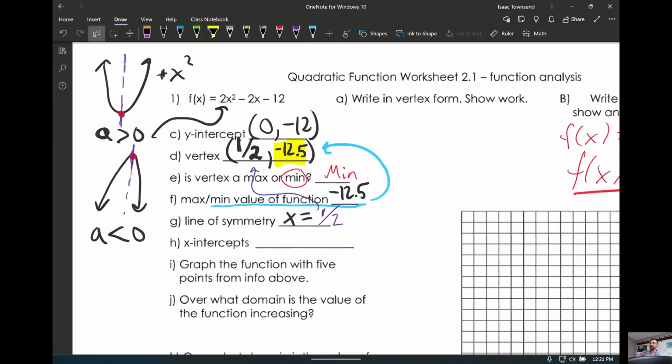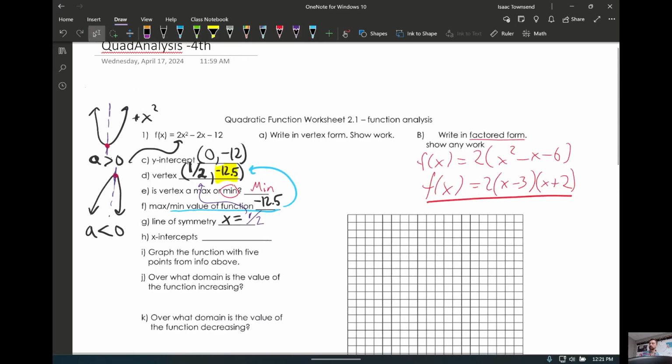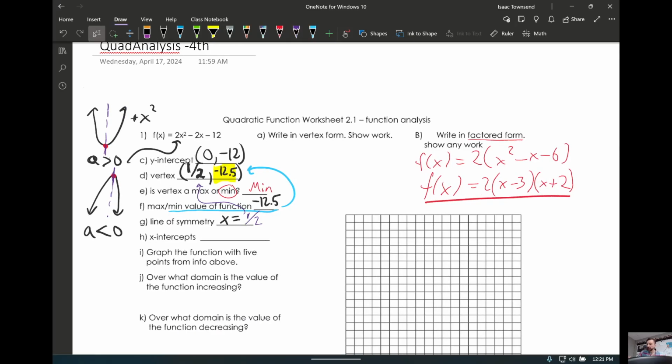Okay, and then x-intercepts are when y equals 0, and to me, I would just use the factored form. That's where factored form is going to shine. Standard form has benefits, vertex form has benefits, and factored form has benefits.